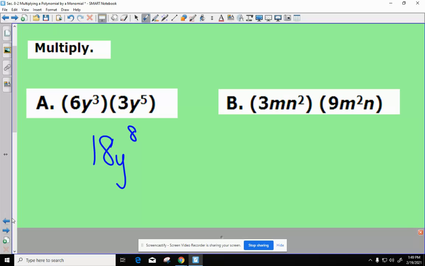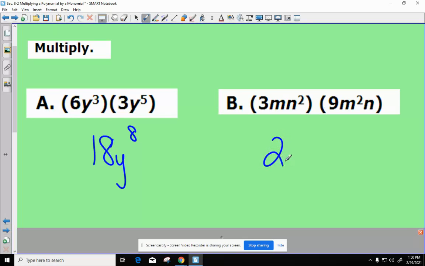All right. If we look at this one here, could you add those together if there was an addition sign? Okay, so similar, but not the same, right? So no, you could not add them or subtract them if that was being asked. But multiplication I can do. Start with the coefficients. 9 times 3 is 27.